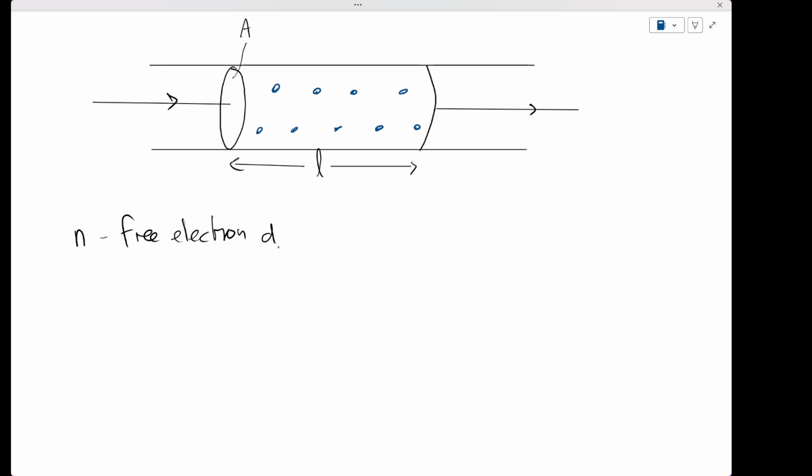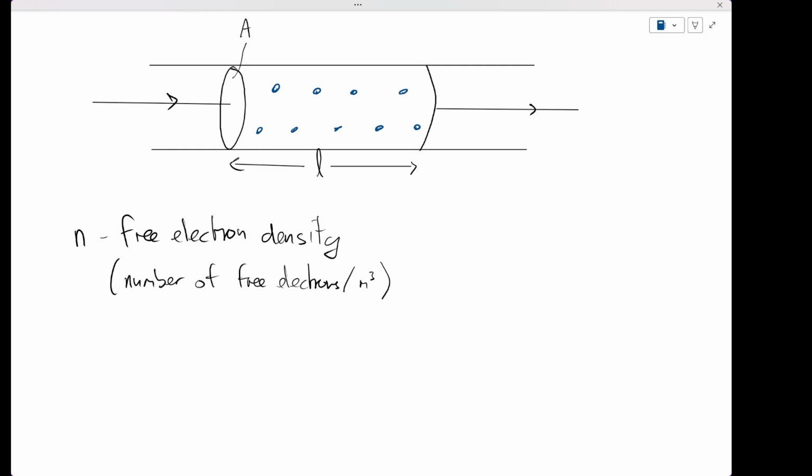That is a property of the material the wire is made from. It is literally just the number of free electrons per cubic meter.